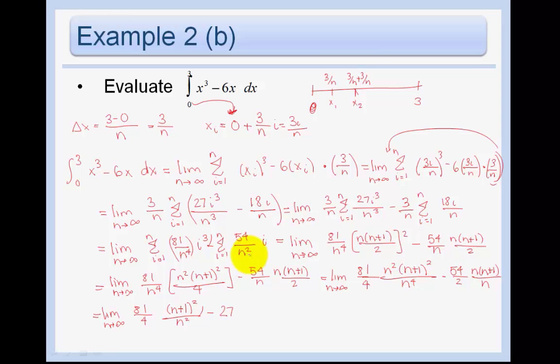Oh no, I made a mistake. This was n squared. This should have been n squared, n squared, n squared. Okay. 27. Then what do I have? I have an n plus 1 over n. And since it's squared, I'm just going to write it like this because I'm squaring the top and the bottom.